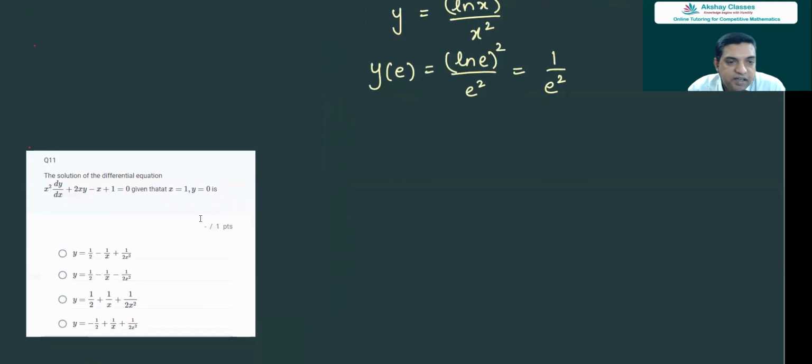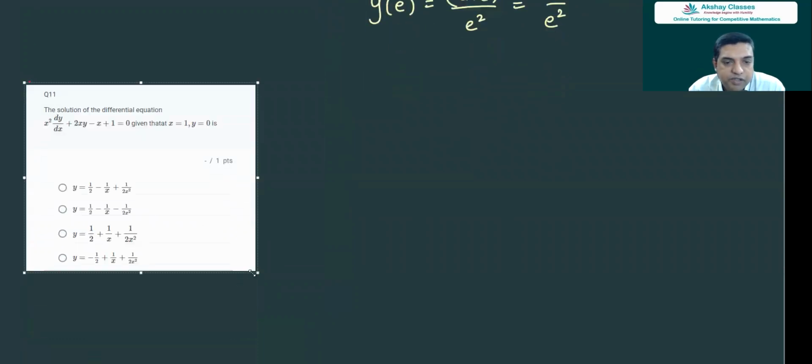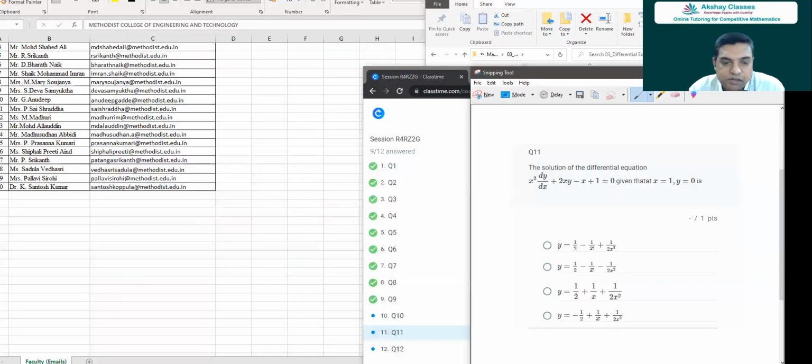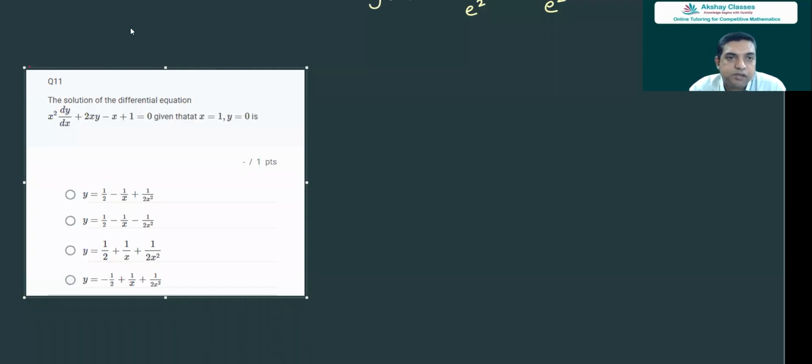Now this is again another linear differential equation. So divide by x square, you get dy by dx plus again 2 upon x y is equal to, take this to the other side, x minus 1 by x square.